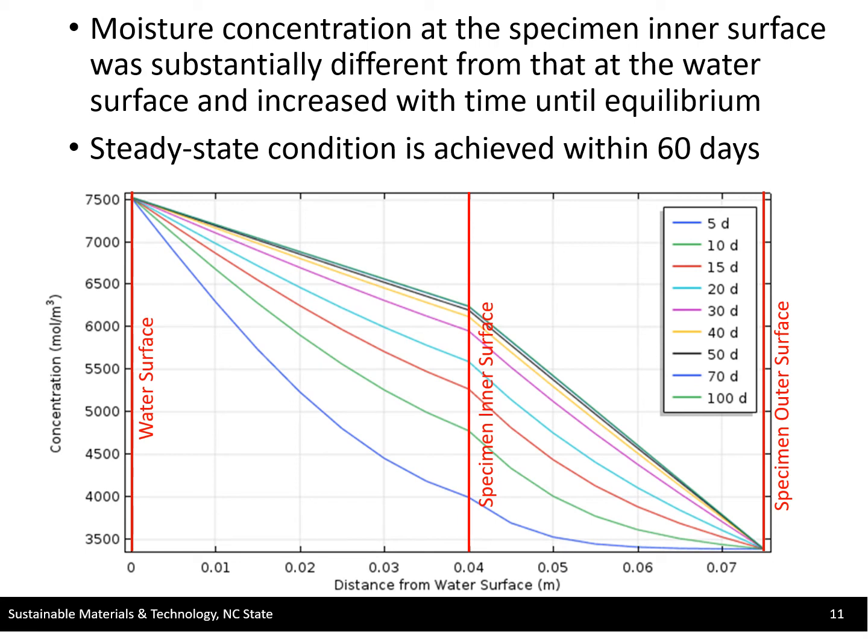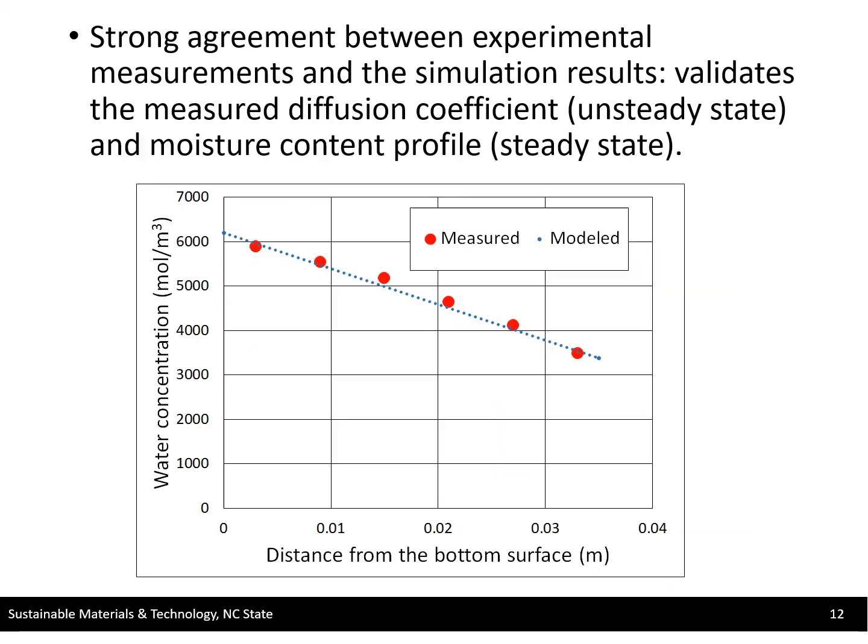In addition, the moisture concentration at the specimen inner surface increased with time until equilibrium. After 60 days, the change in moisture concentration was negligible at each location, and linear moisture concentration profiles were obtained, indicating that the steady-state condition was achieved within that period.